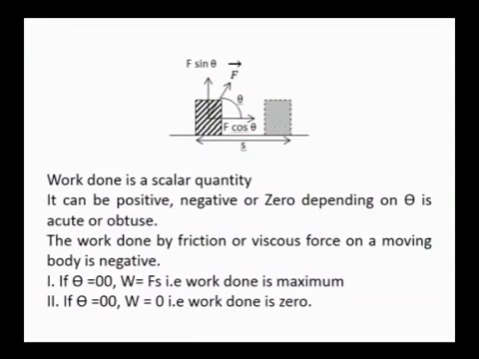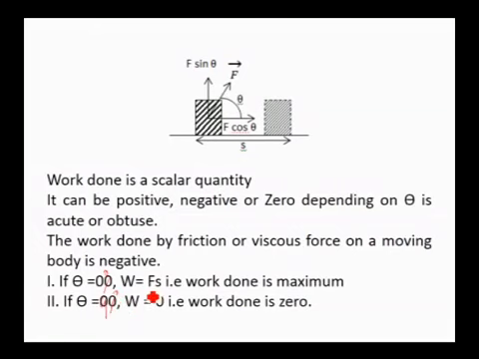So this work done, as I told you, is a scalar quantity, and it can be positive, negative or 0 depending upon theta, the angle, whether it is acute or obtuse. The work done by friction or viscous force on moving bodies is basically negative, which we discussed earlier when we talked about friction. Notice, this should be 0 degree, and this should be 90 degree.